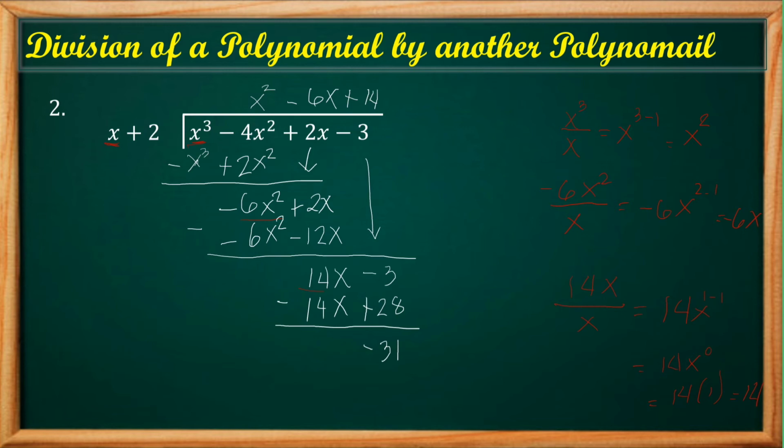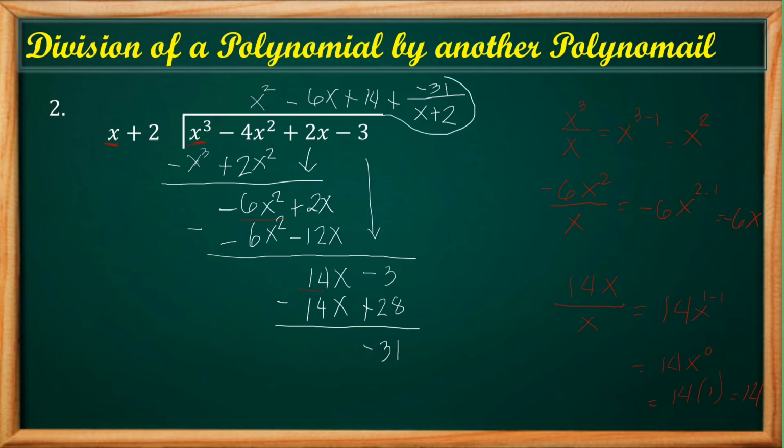Okay, since we have our remainder, hindi natin pwede sulat r negative 3. Ang gagawin natin, we will have here plus negative 31 divided by our divisor x plus 2.